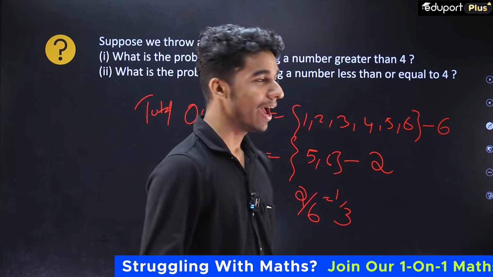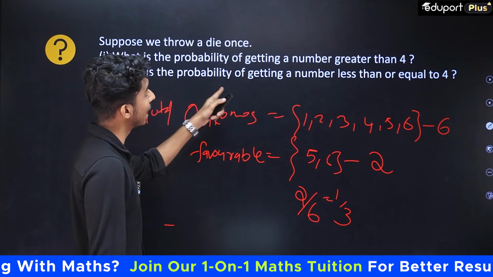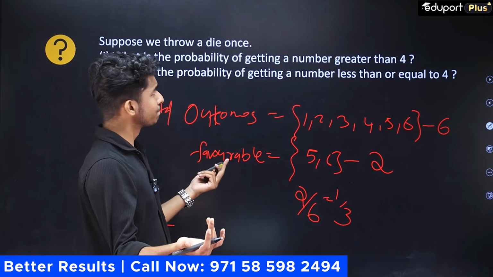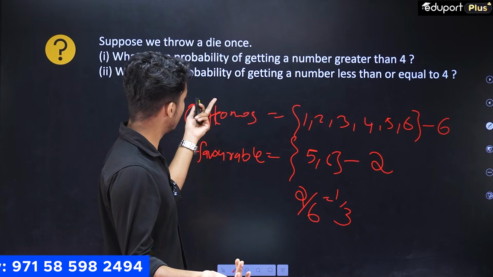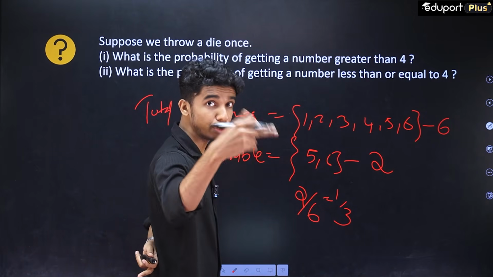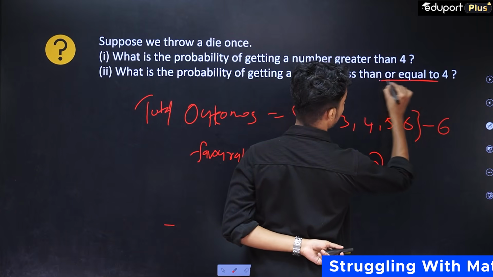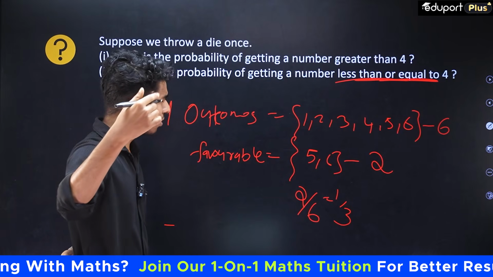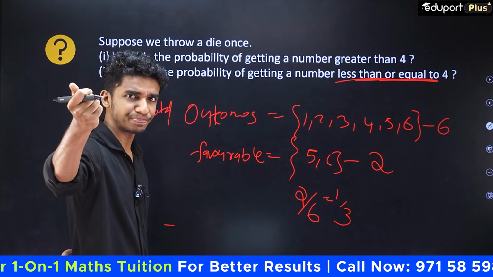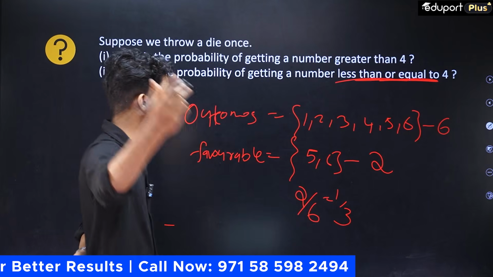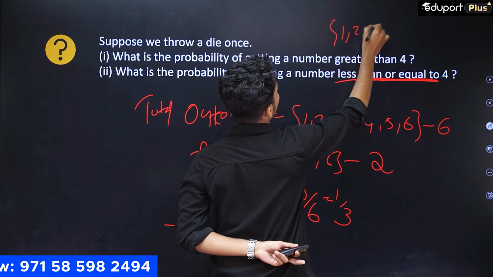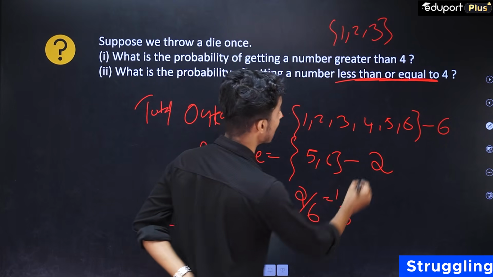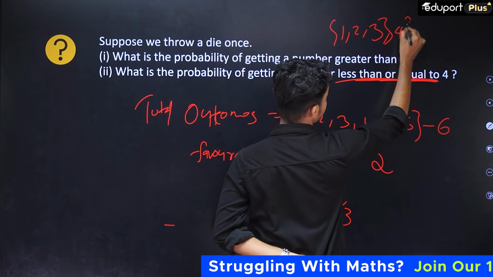Simple. And the second question: what is the probability of getting a number less than or equal to 4? Please note that it says less than or equal to 4. Some students may just list 1, 2, 3, but since the statement says less than or equal to 4, you have to add 4.